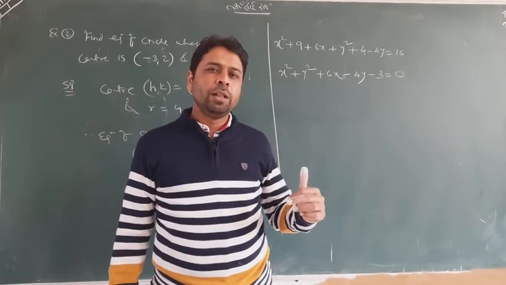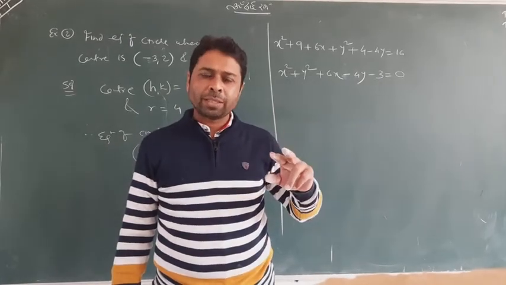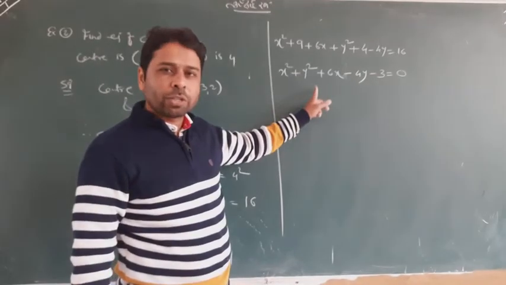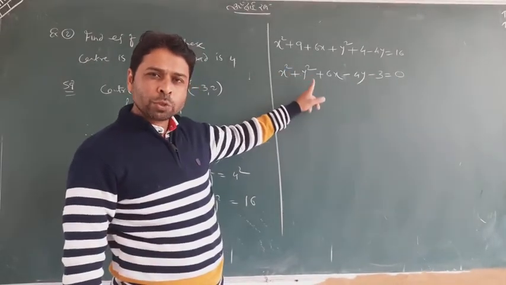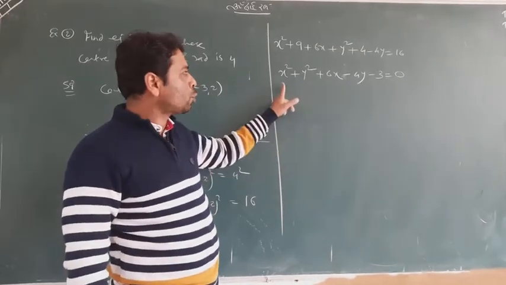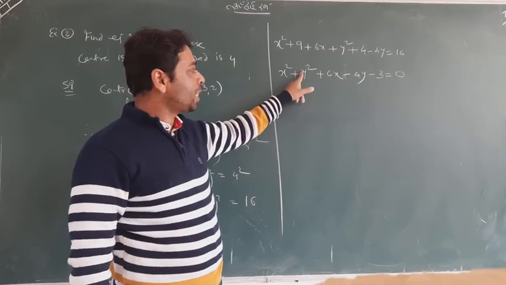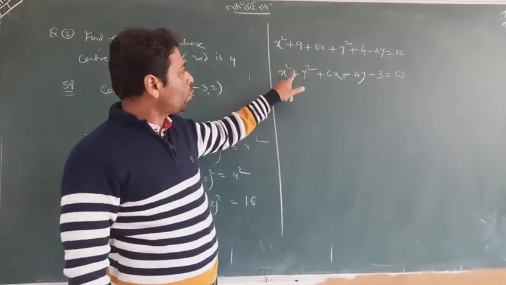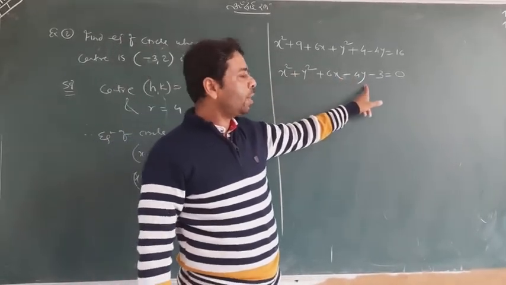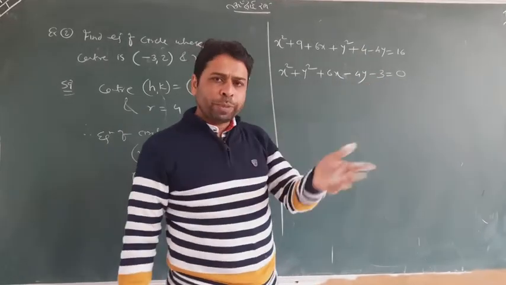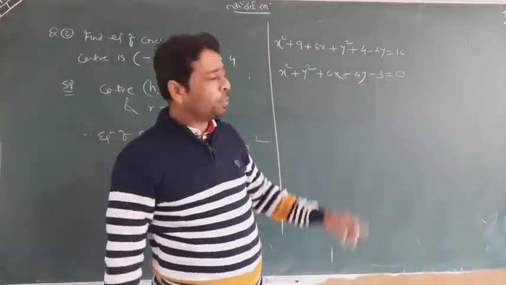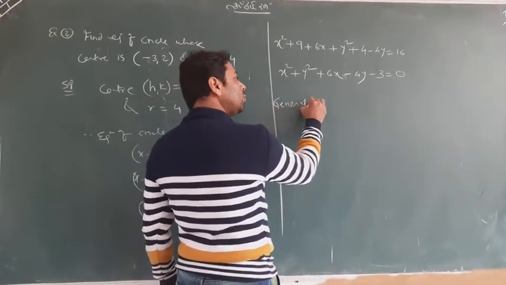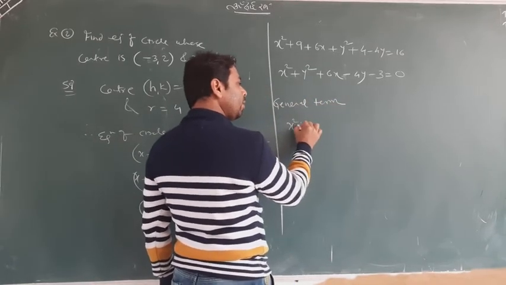Same here in the circle: whether you use one formula or the other, after opening it you will have a general equation, and the general equation is x square plus y square. The important identity is that x square and y square always have the same coefficient, and it is 1. The term of x and the term of y with single power may or may not be present, no matter at all, but x square and y square are necessary terms.